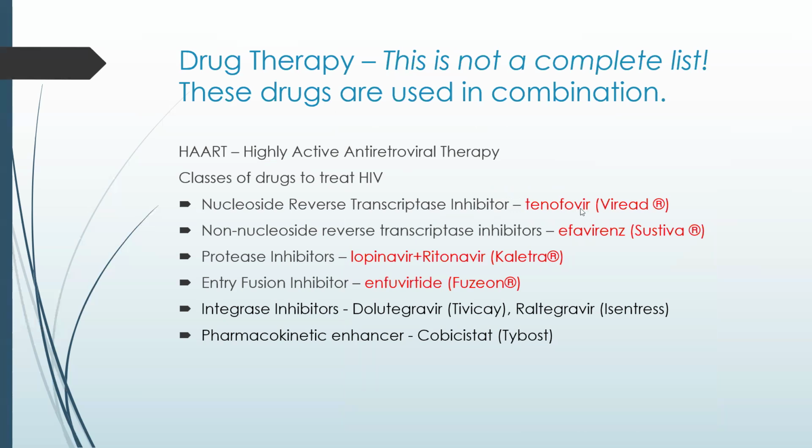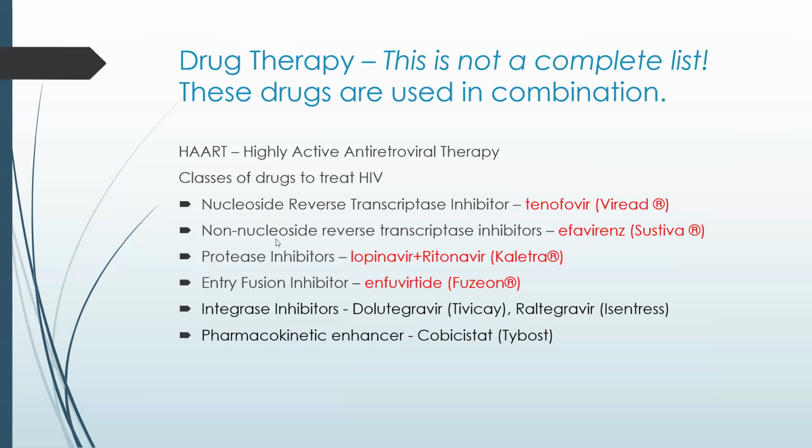Notice how a lot of these end in VIR. A lot of times you will know that you're dealing with an antiviral, and that's not just for HIV, but also for herpes or any of these other ones. If it ends in VIR, you know it's an antiviral. That will help you in answering some of your questions about drug identification.